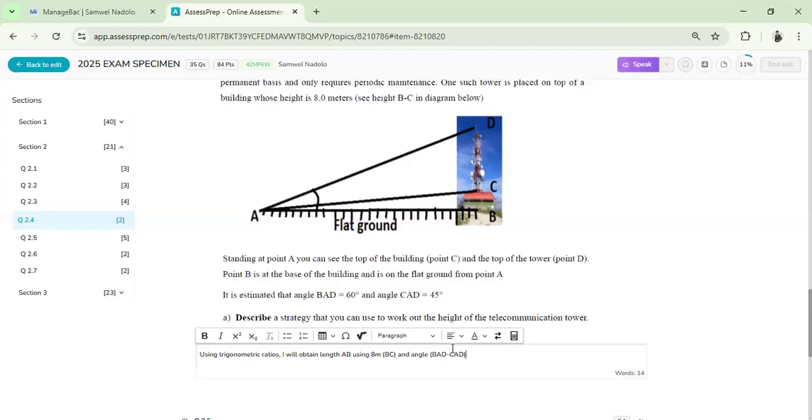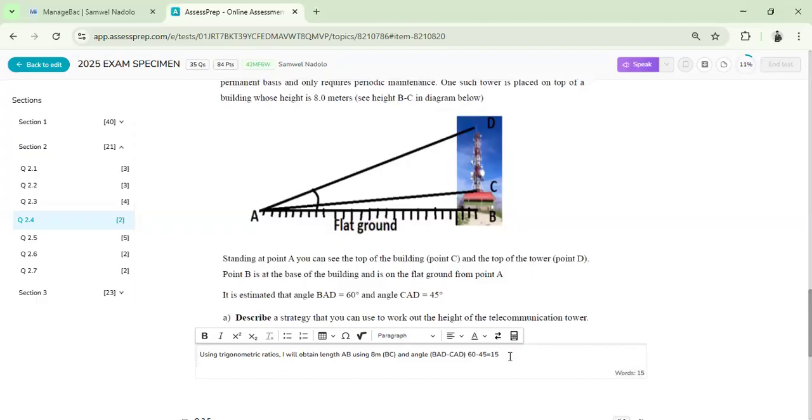If you subtract CAD from BAD, you get the angle BAC, the smallest angle from the smallest triangle, triangle ABC. So we will get 15 degrees, using 8 meters and angle 15 degrees. How is it coming to 15? It is 60 minus 45, which is 15.